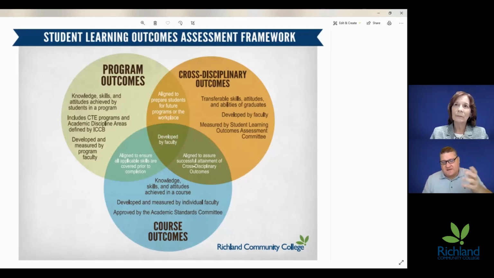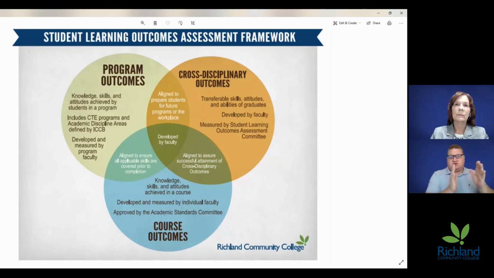And the other thing, as we do tie this off, is that this is also a way that we can efficiently use our resources to help students, because while there are some cross-disciplinary outcomes, or some skills that students are going to encounter multiple times, not every skill is something we need them to encounter or relearn multiple times.